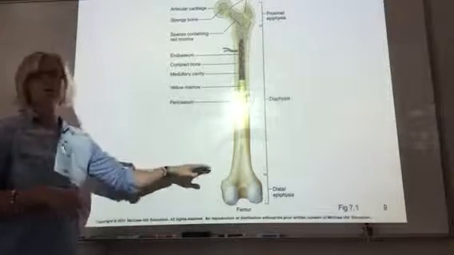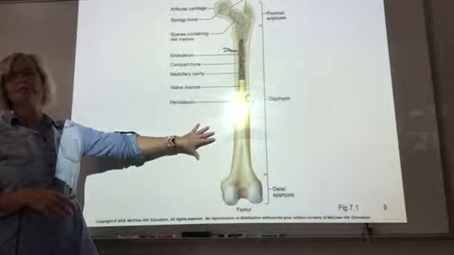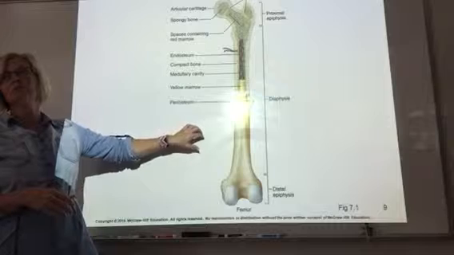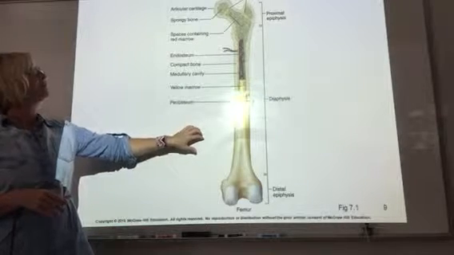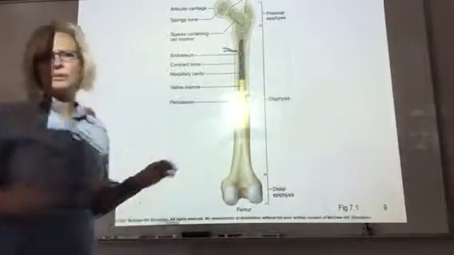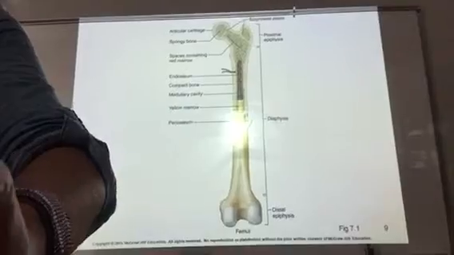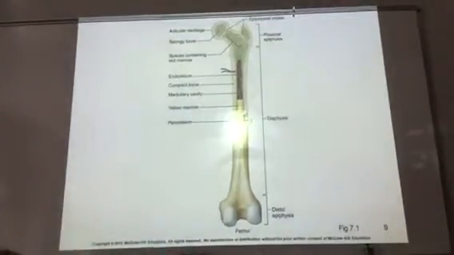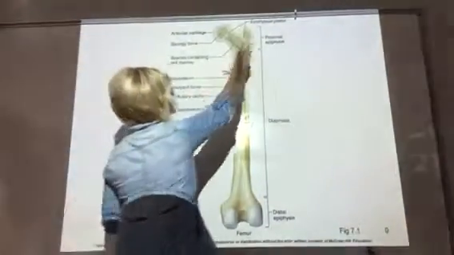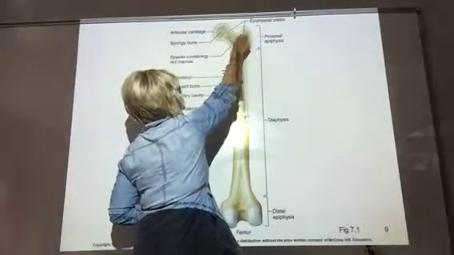Diagram. I've shown you real bones. This is your diagram. You are responsible for knowing absolutely everything on this diagram. If we start at the top, epiphyseal plates, they're at the ends, and they're this little line right here.